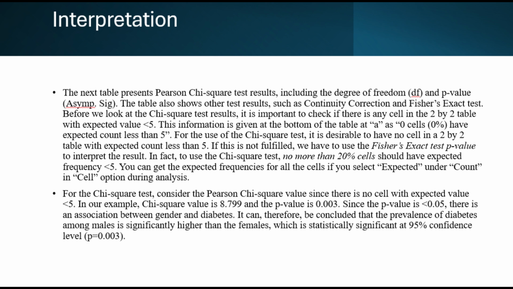Since the p-value is less than 0.05, there is an association between gender and diabetes. It can, therefore, be concluded that the prevalence of diabetes among males is significantly higher than the females, which is statistically significant at 95% confidence level, p equals 0.003.